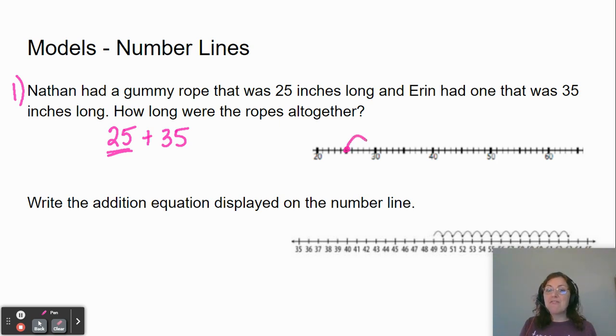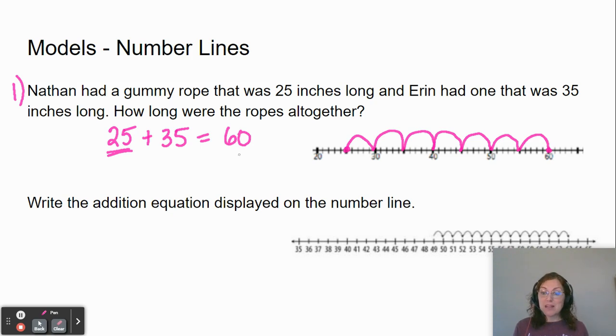So that would be 5, 10, 15, 20, 25, 30, 35. And of course, where they land then is their answer. Remember, sometimes students won't know the standard algorithm, so they need a model to begin with first, and the number line definitely does that.